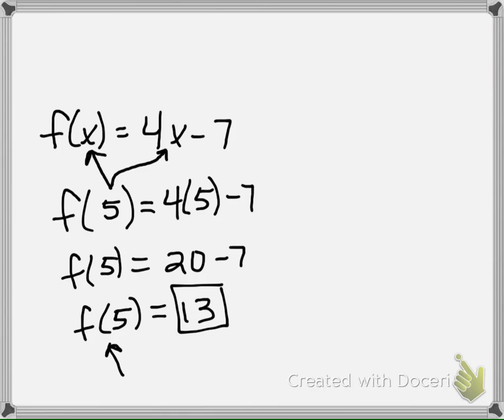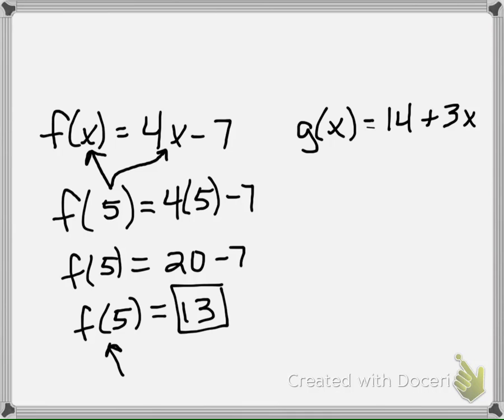Okay, I'll do one more. I'll call this one g of x. Now, that's just naming it a different thing. The first function was named f, this second function is named g. That's really irrelevant. It doesn't really matter what you name it. Okay, so g of x equals 14 plus 3x.